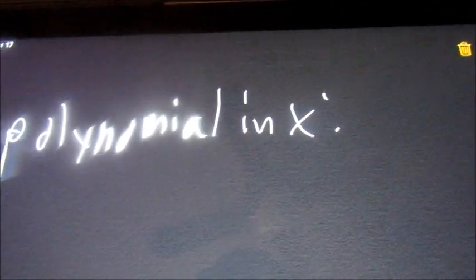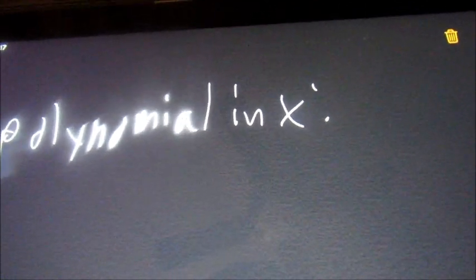So now, what we're going to have is polynomials in x. That just means that all of our variables or letters are just going to be x.